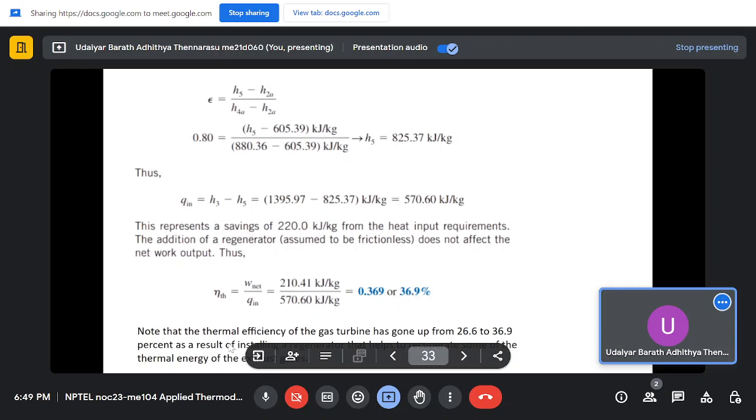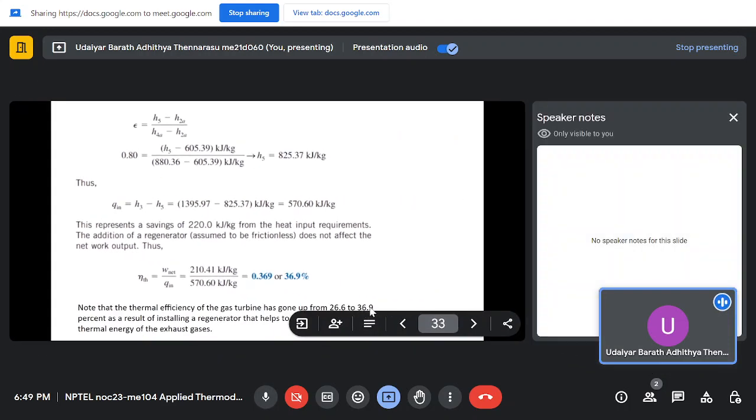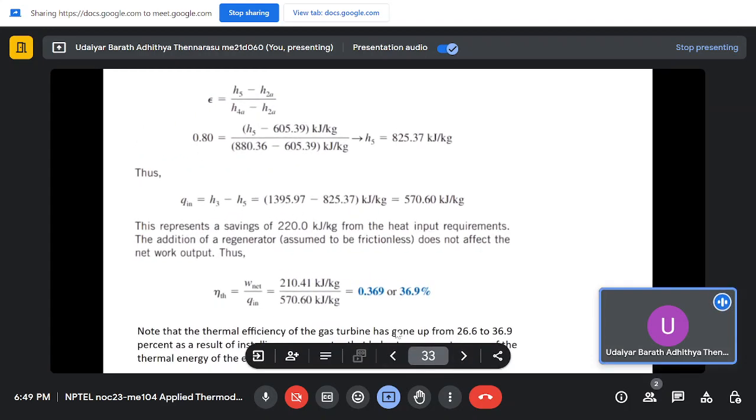Previously, without this regenerator, your thermal efficiency was 26.6%, and now it has risen to 36.9% with the addition of the regenerator. You're utilizing the energy which was going to waste in the exhaust to heat the input, and that is reflected in the thermal efficiency.